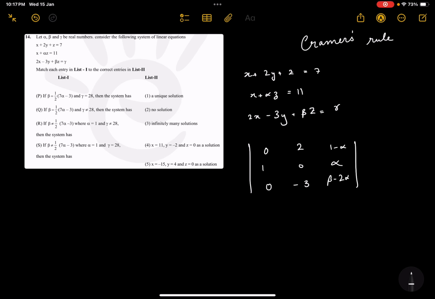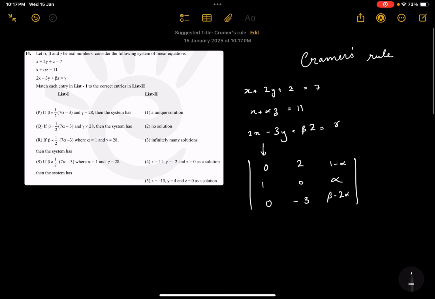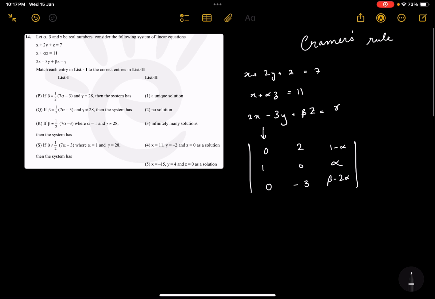Now we'll expand this determinant along this column. We'll get the determinant value: minus 1 into 2 beta minus 4 alpha plus 3 minus 3 alpha.